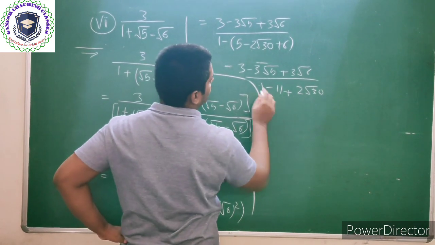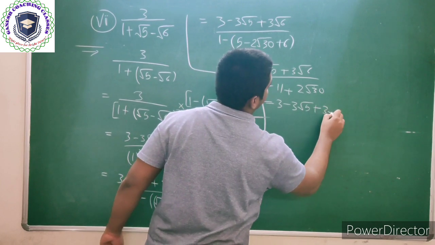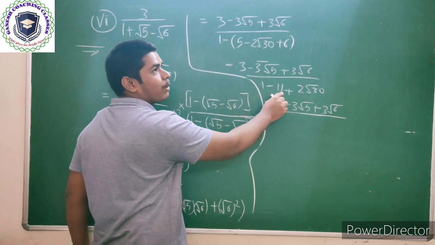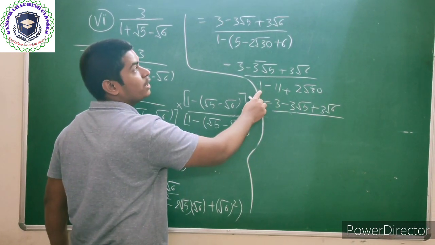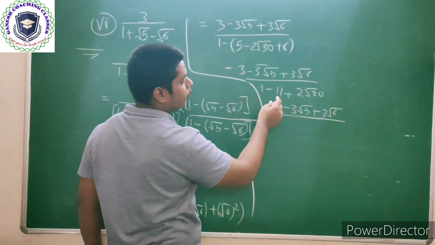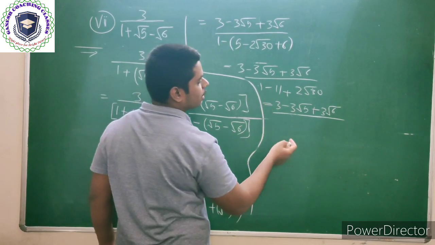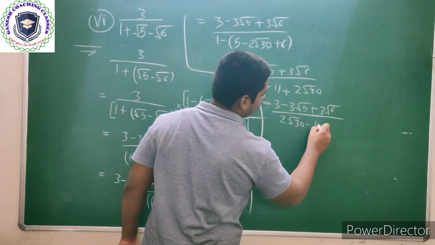So we are getting 3 minus 3 root 5 plus 3 root 6 upon 1 minus 11, plus minus minus. So 11 minus 1 is 10, but we have to take the sign of the bigger number. The bigger number here is 11, which carries the minus sign. So we get minus 10, so we can write 2 root 30 minus 10.